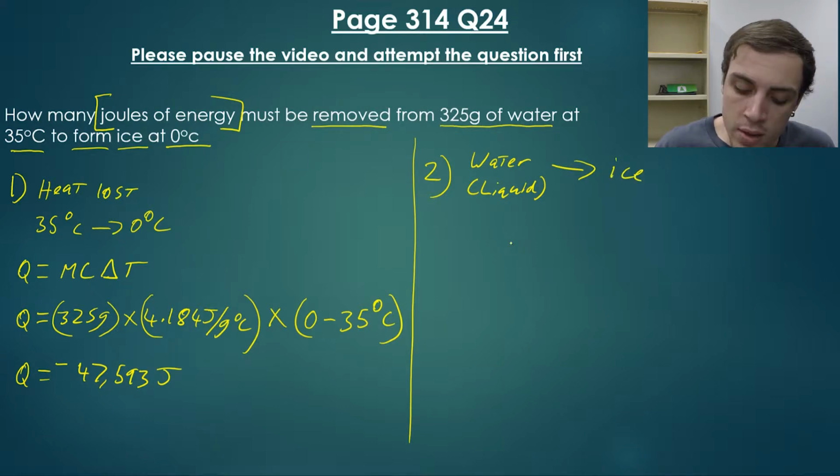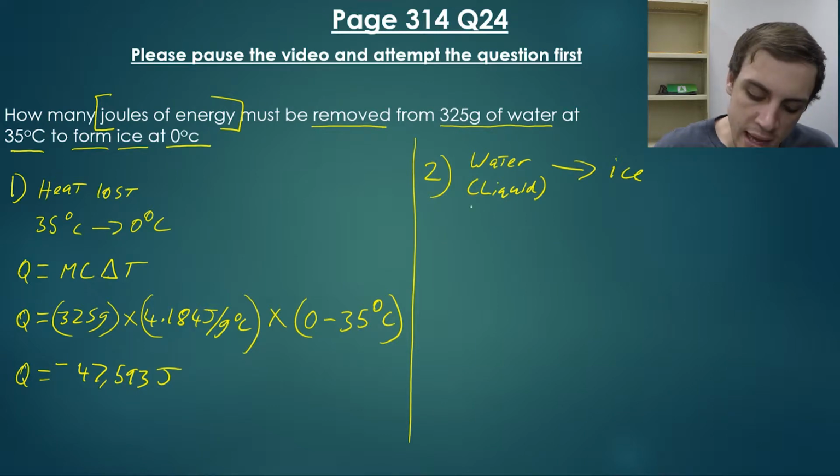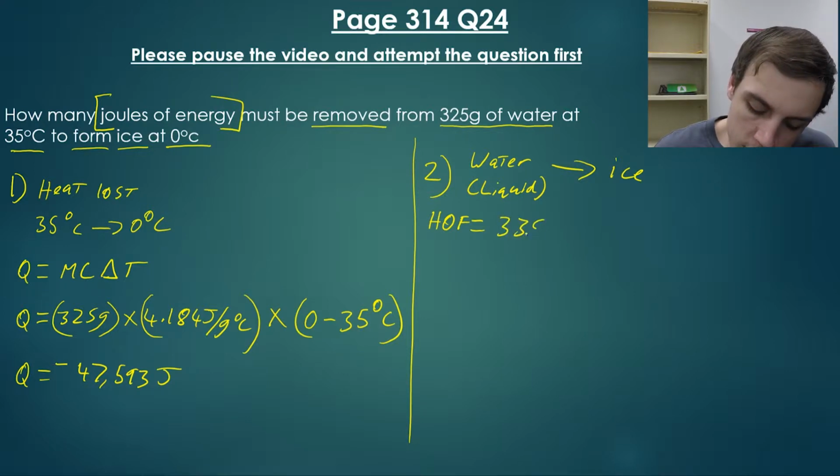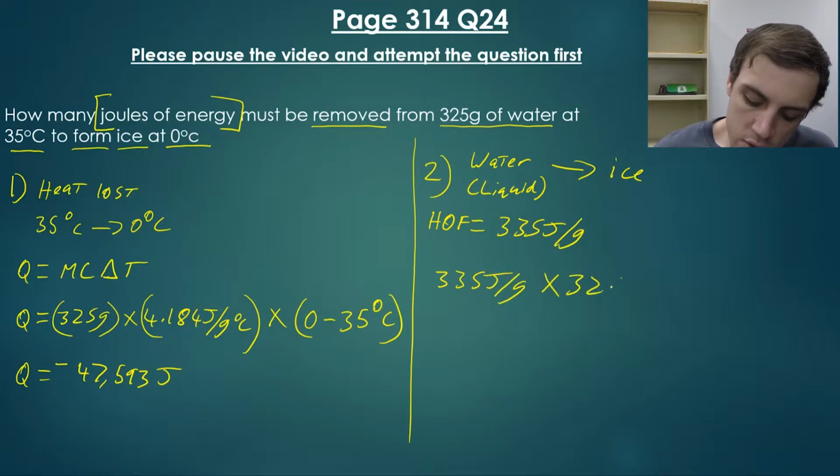Remember that when we're going from ice to water or water to ice, this is the heat of fusion, and the heat of fusion is equal to 335 joules per gram. We have 325 grams of water, so 335 joules per gram multiplied by 325 grams gives the heat of fusion.